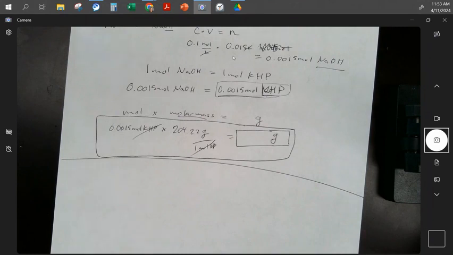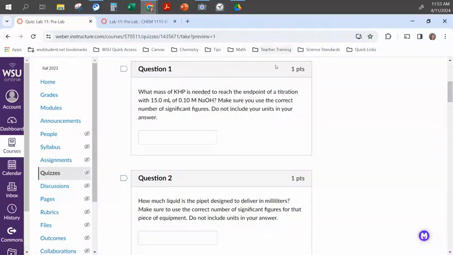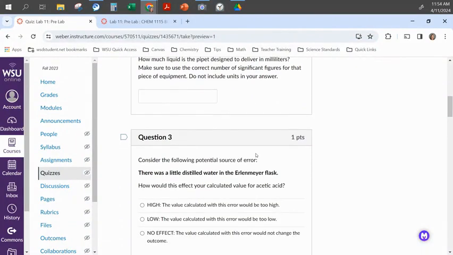Okay. So the second question is asking about the pipette. We have a little bit different pipette, but I think it's mostly asking about sig figs. So if I go to 0, it will give us 10.00 milliliters.